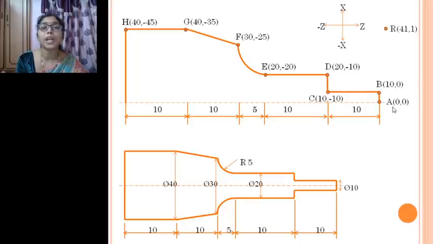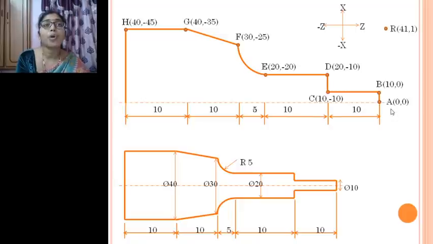The reference point shifts in this case. In an incremental mode, the reference point will be changing throughout the program. That is, to write any later point, the reference point will be the earlier point, right?